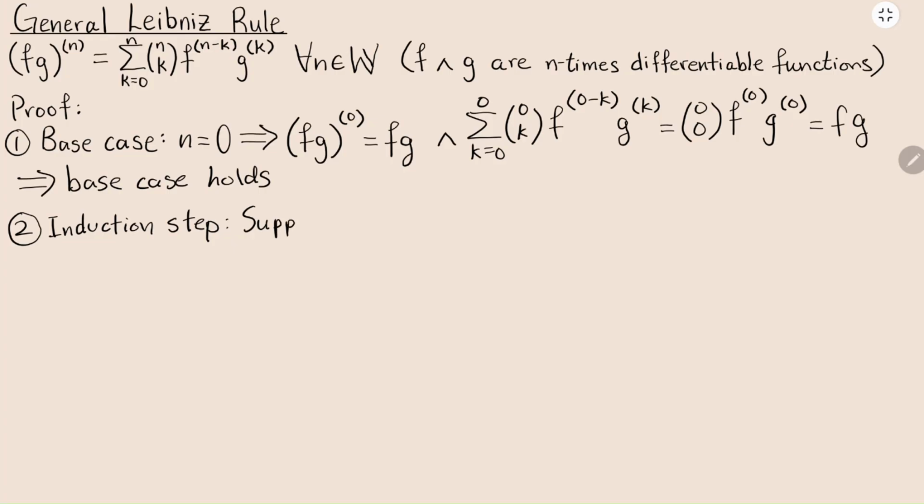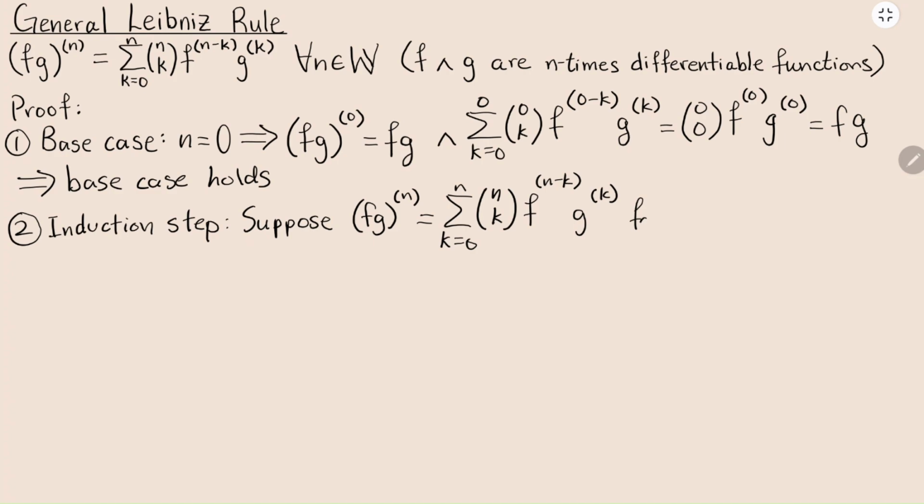So suppose that the nth derivative of fg is equal to the sum from k equals 0 to n of n choose k, (n minus k)th derivative of f, kth derivative of g, for some arbitrary n in the set of whole numbers. Now, by the way, this right over here is the induction hypothesis.